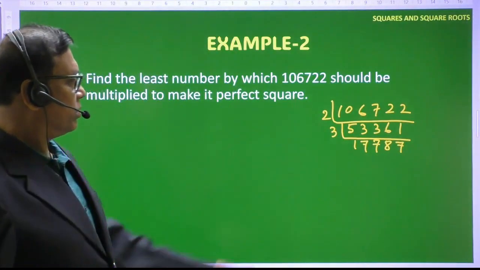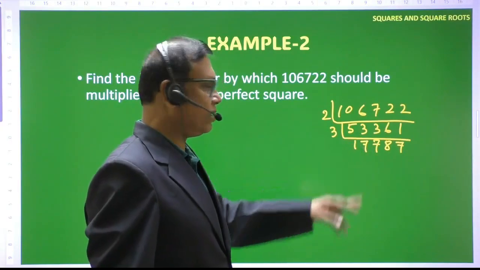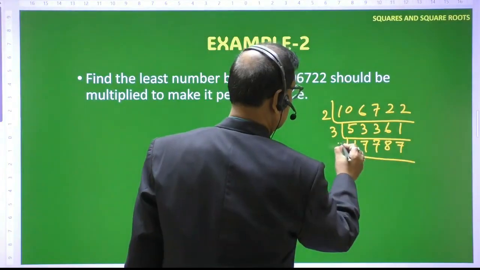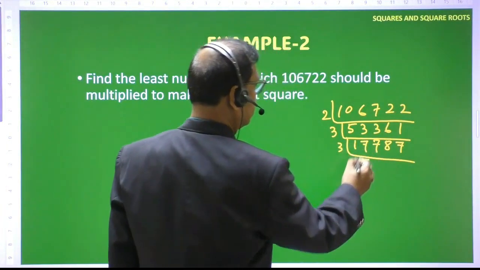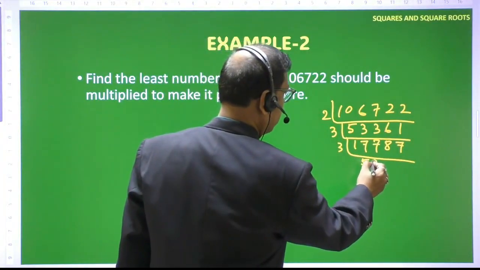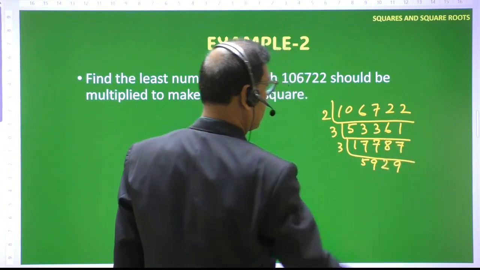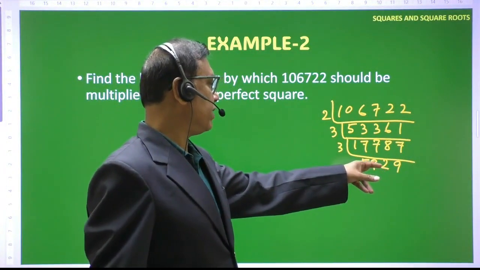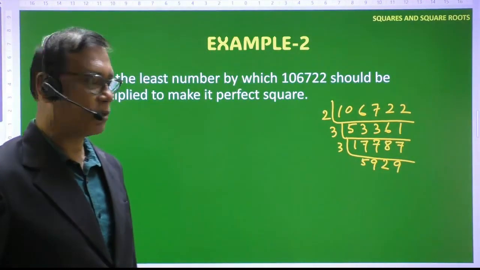Now again 15, 22, 29, 30. That is again divided by 3. 3 5 15, 3 9 27 and 2 9. Yes. Again 9 plus 2 is 11, 9, 20 plus. This is not divided by 3.